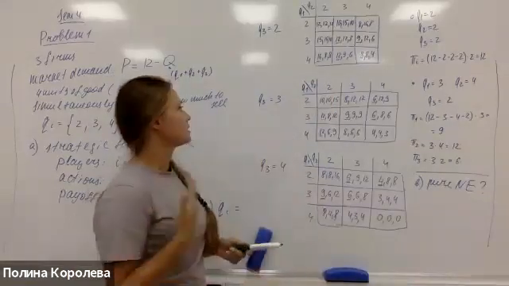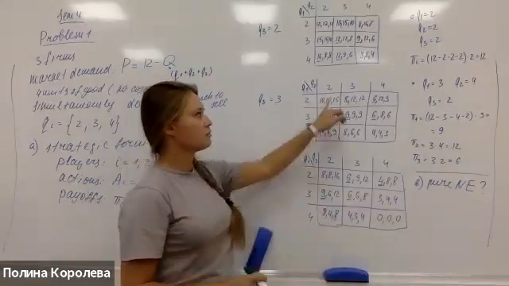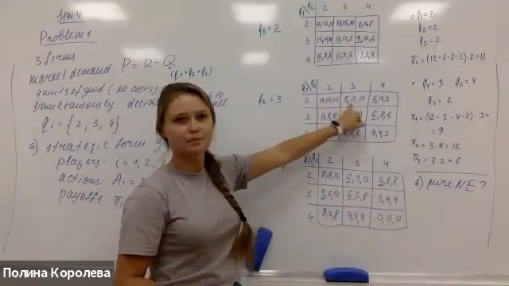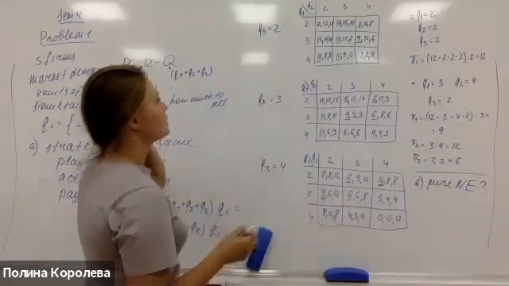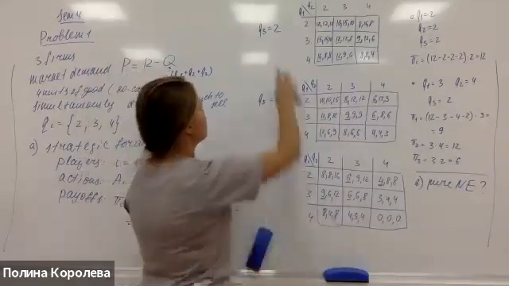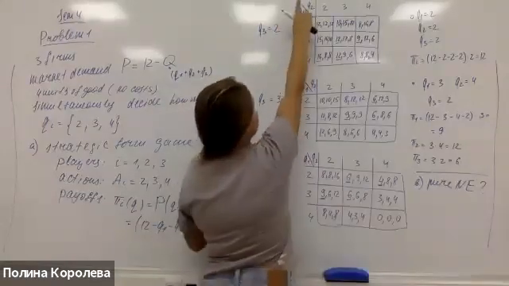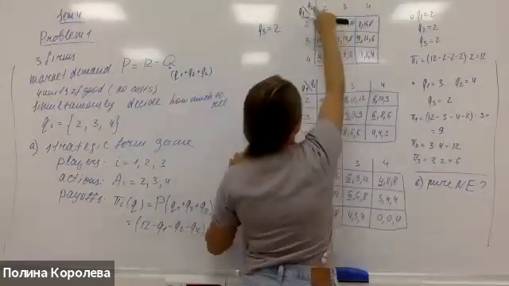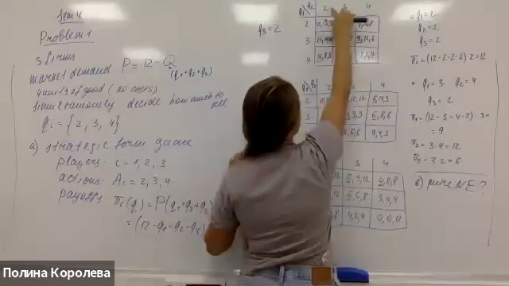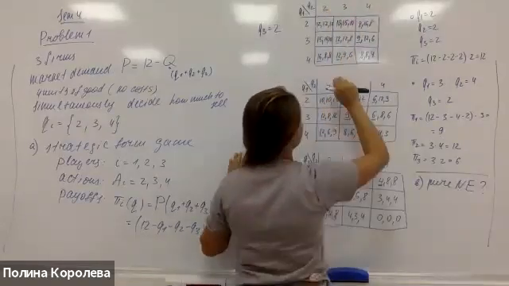The second player's payoffs are on the second place. So what will our second player do? If third plays 2 and first plays 2, what will second choose? To play 2, 3, or 4?